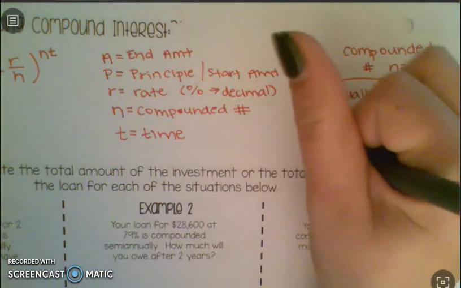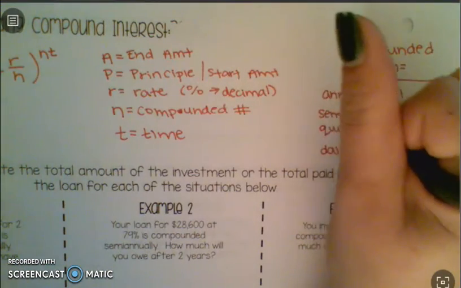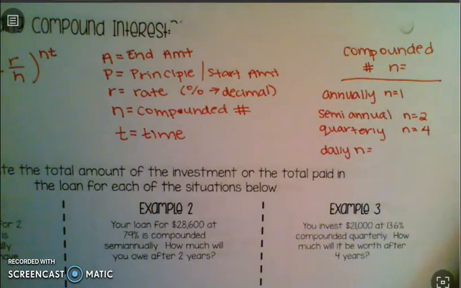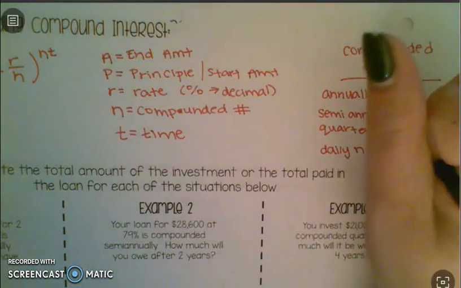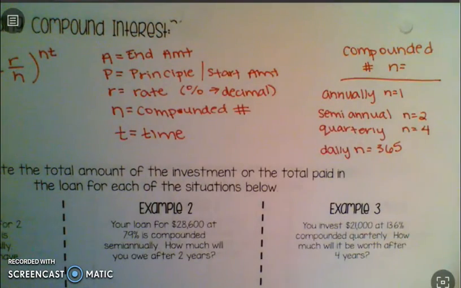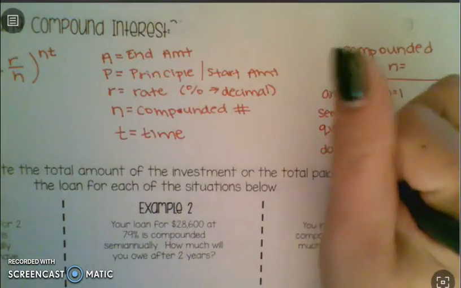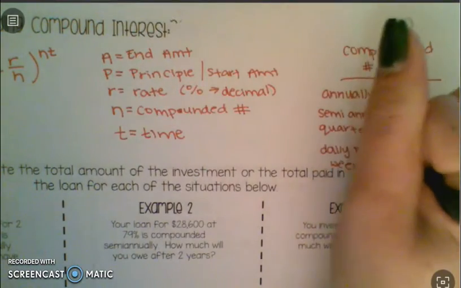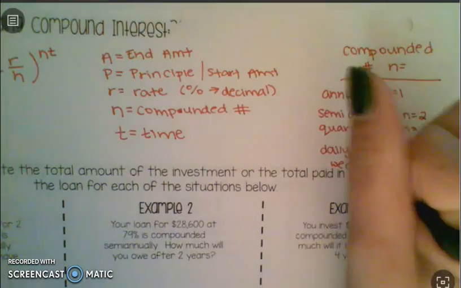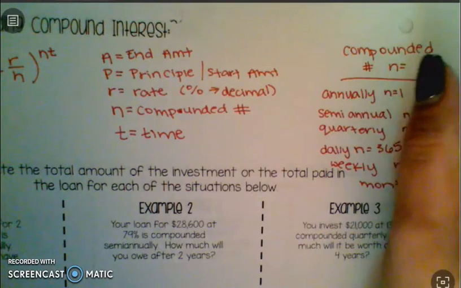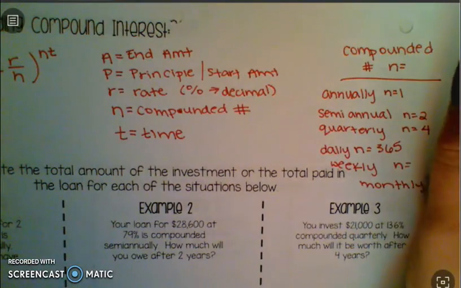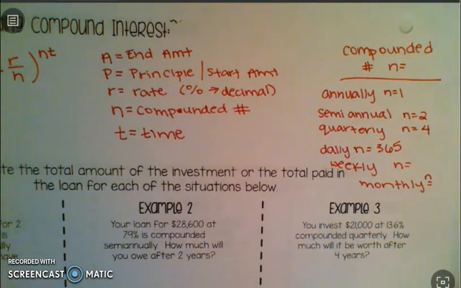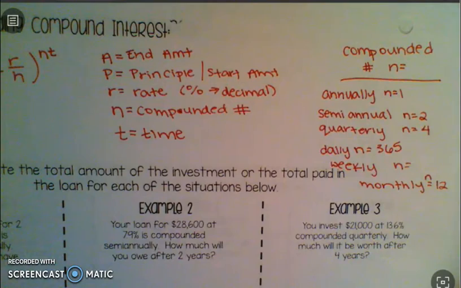You could also have daily, which in a regular year, there's 365 days. You could also have weekly and monthly. So monthly, obviously, your N is going to equal 12.